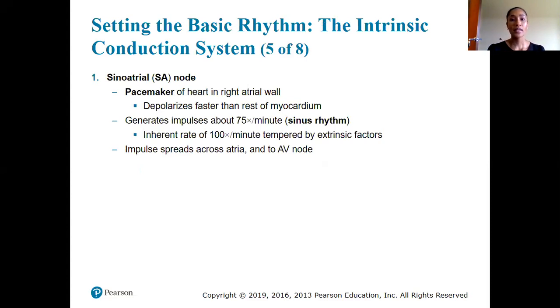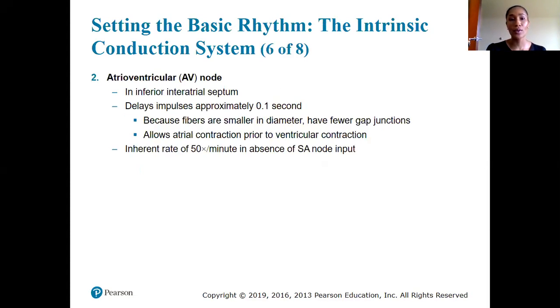And the impulses will spread across the atria, and then it will travel to the AV node. Now, the AV node is found in the inferior interatrial septum. Remember, that's the septum that divides our two atria. And it has a delay impulse of approximately 0.1 seconds. So the AV node can actually generate action potentials, especially if the SA node has a defect and it doesn't work.